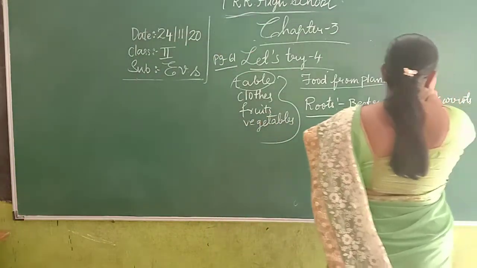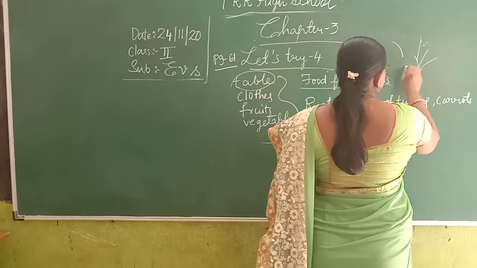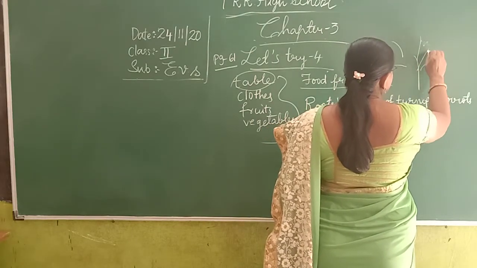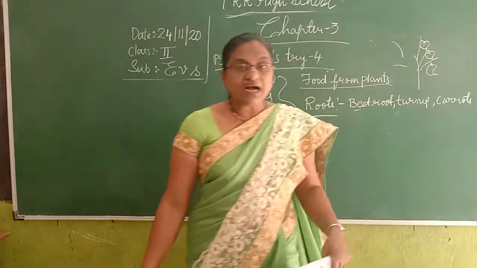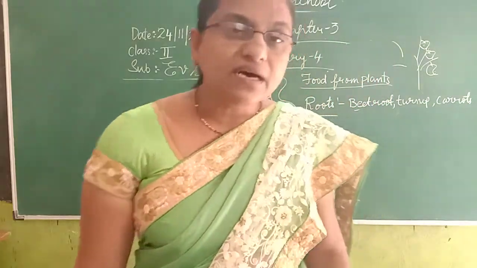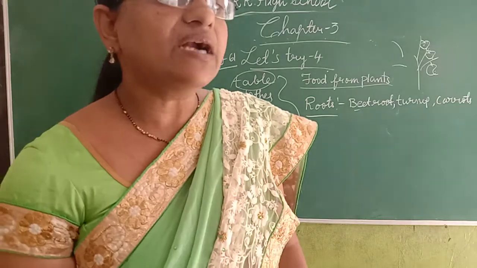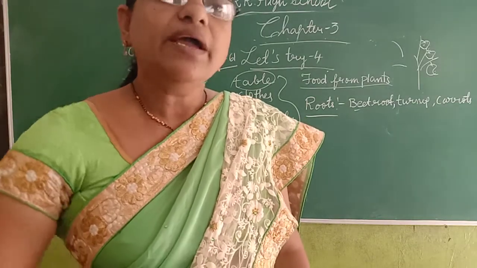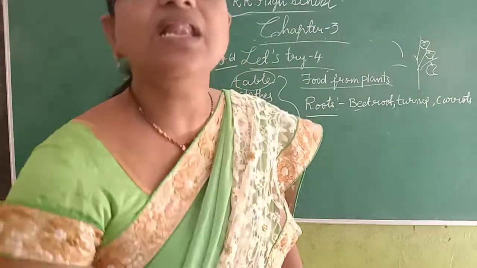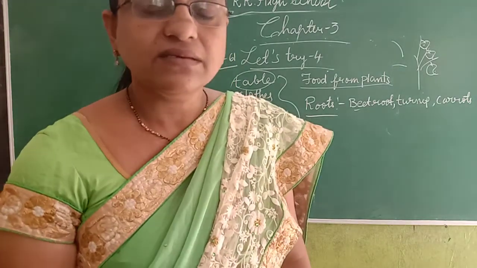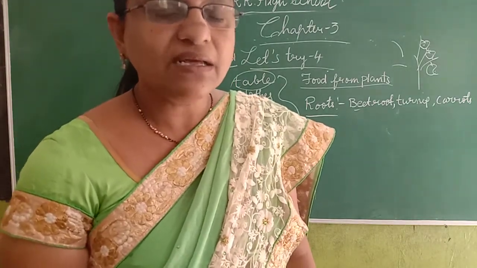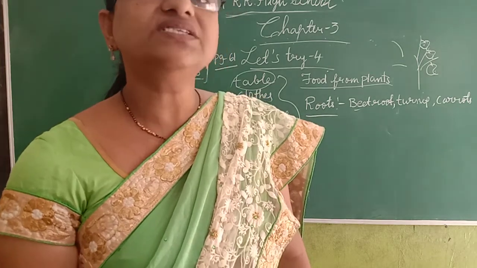See, if there is a brinjal plant, we see the brinjal on the top of the plant, isn't it? But we can't see the beetroot, turnip and carrot. Why can't we see them? Because they grow inside the soil. Can we see the roots of a plant, children? No. Why are we not seeing them?